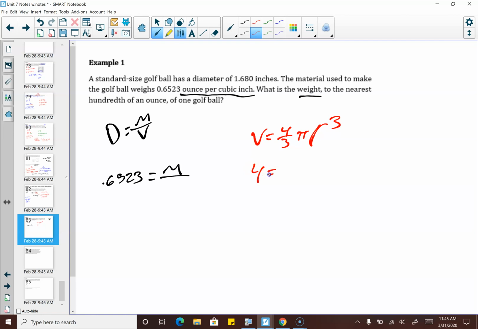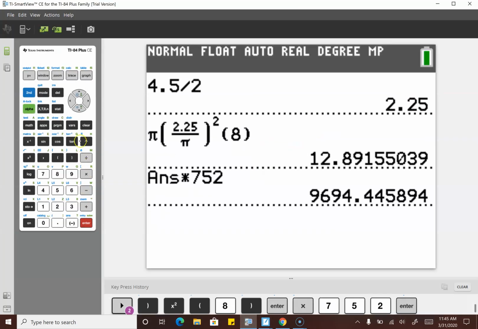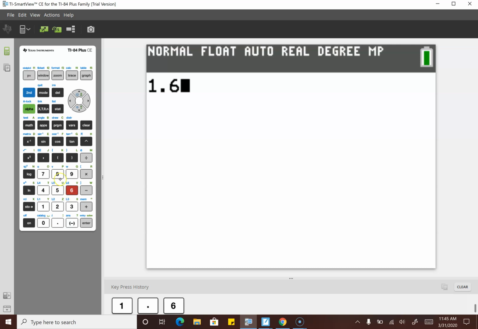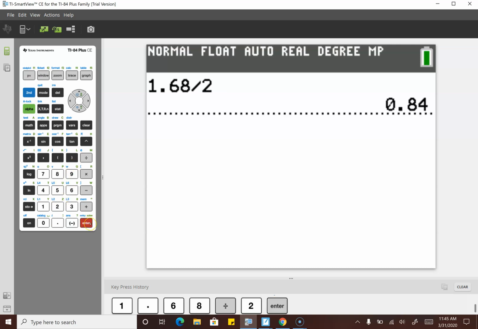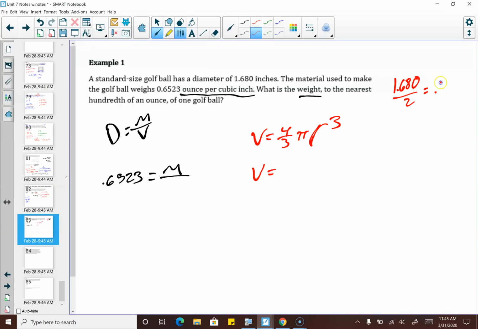Okay, so if we have a diameter of 1.680, if we divide that by 2, we obviously don't really need the 0 at the end, but 1.68 divided by 2 gives us 0.84 as a radius. So we have 4/3 pi times 0.84 cubed.